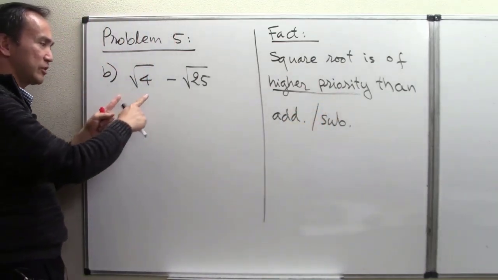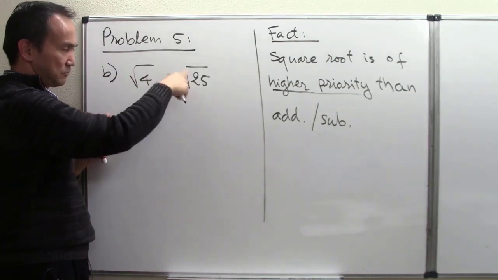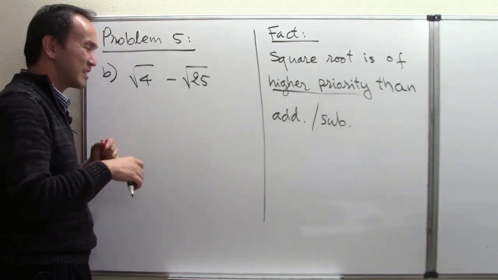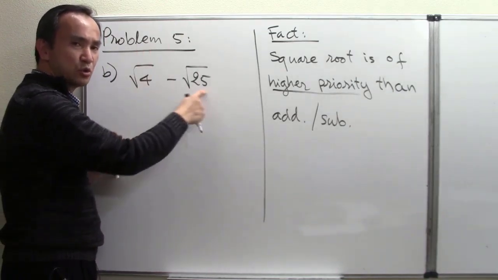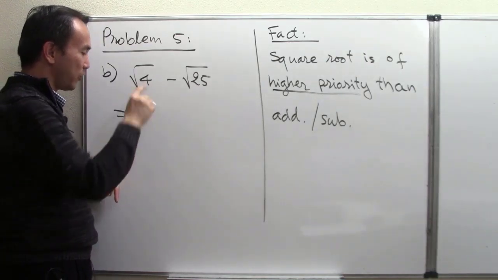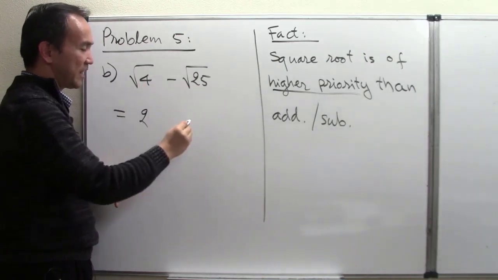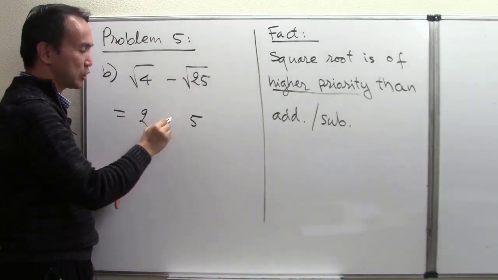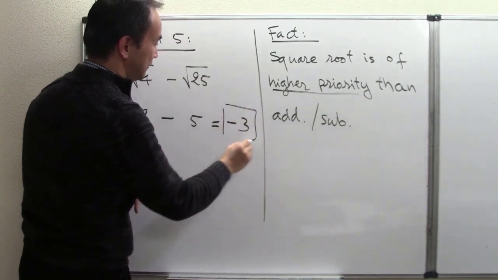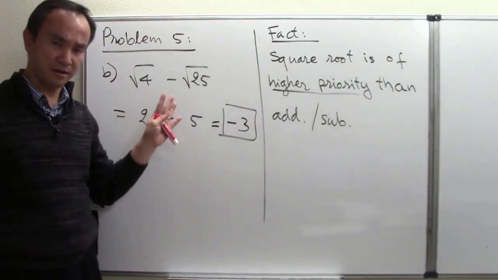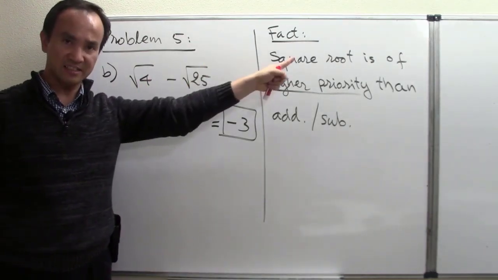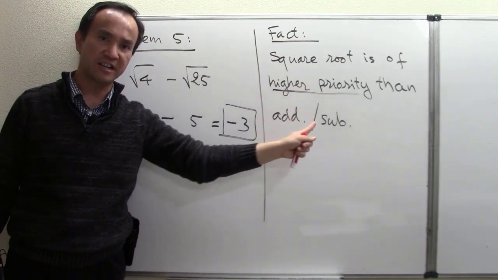In this case I recognize subtraction being mixed together with square root, so I have to finish the two square roots first. The square root of 4 gives me 2, the square root of 25 gives me 5, then 2 minus 5 gives me minus 3. And that is our final answer. This quick problem points out the fact that square root is of higher priority than subtraction.